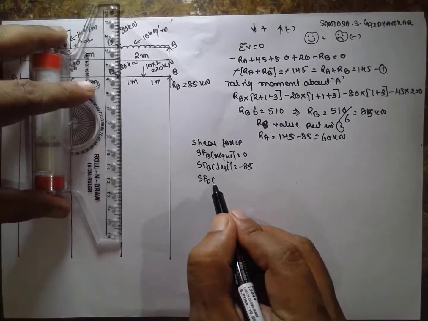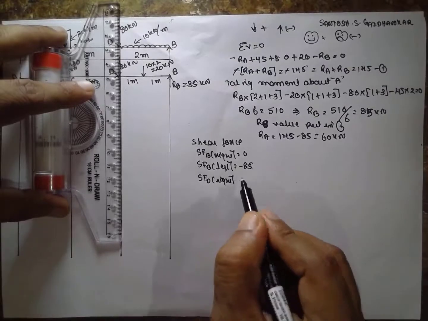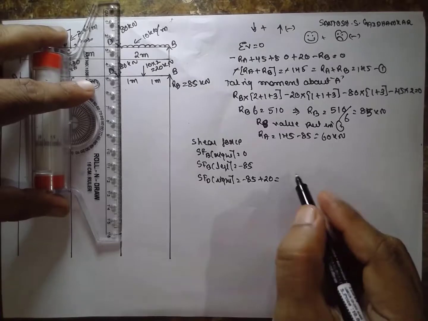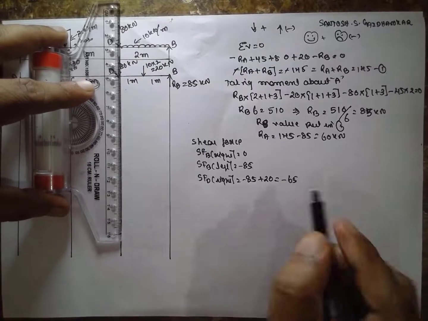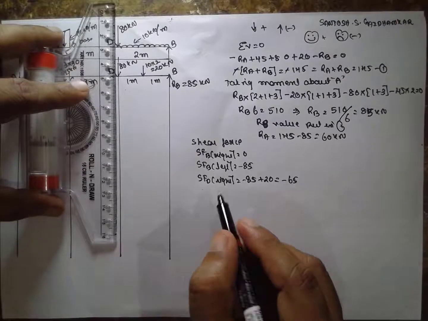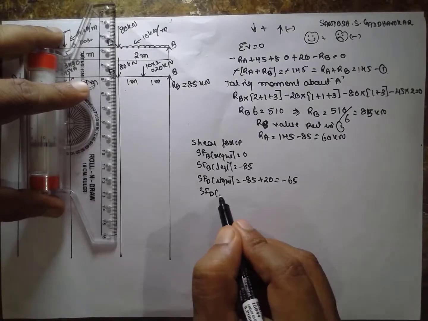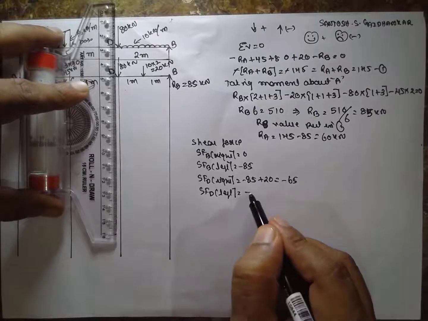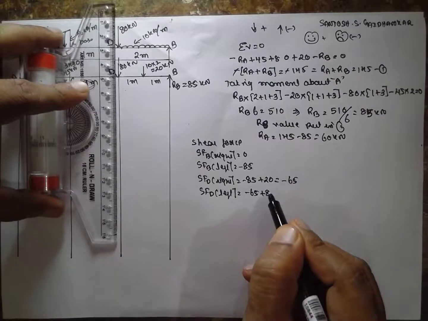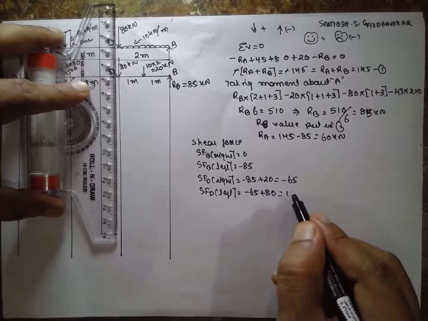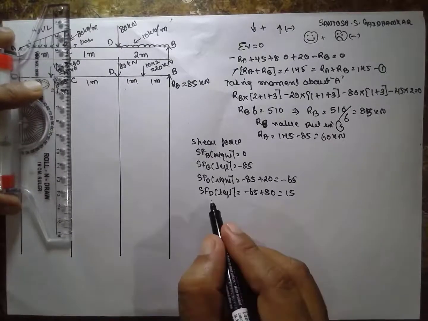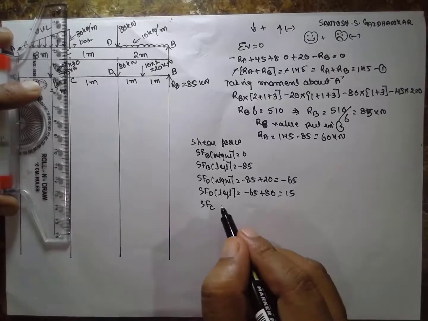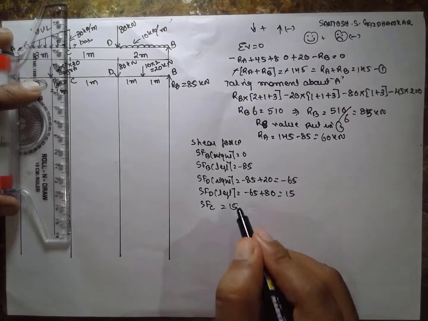SF at D right side, minus 85 plus 20, minus 65. SF at D left, minus 65 plus 80, 15. At C there is no load, therefore the previous value, 15.